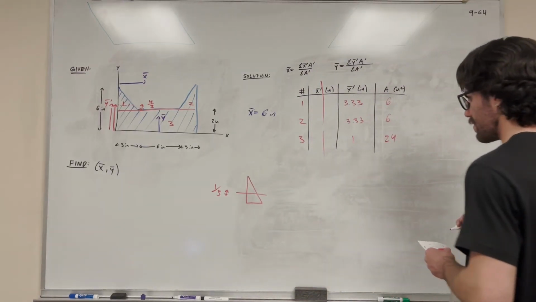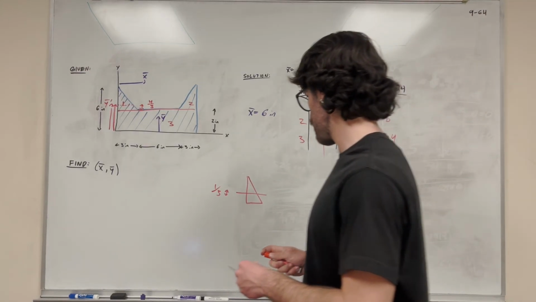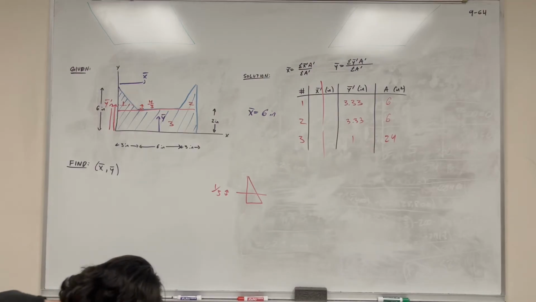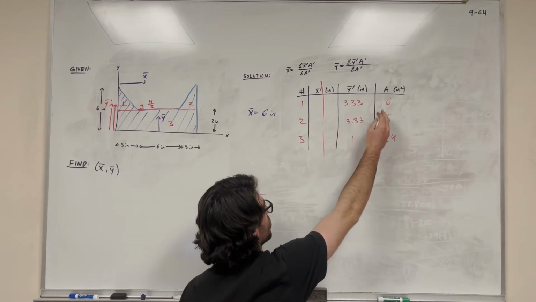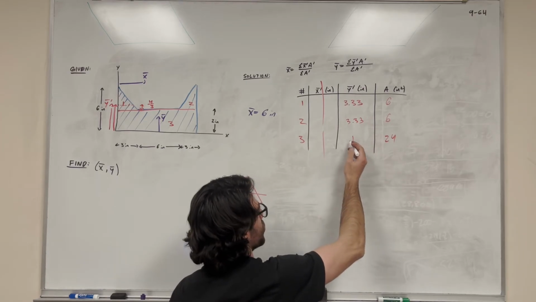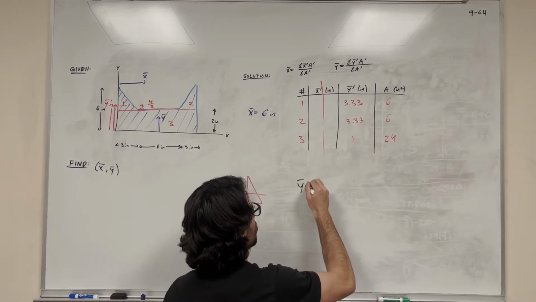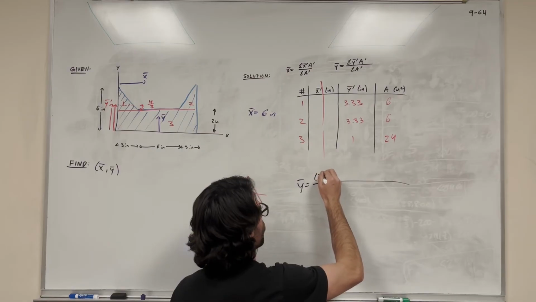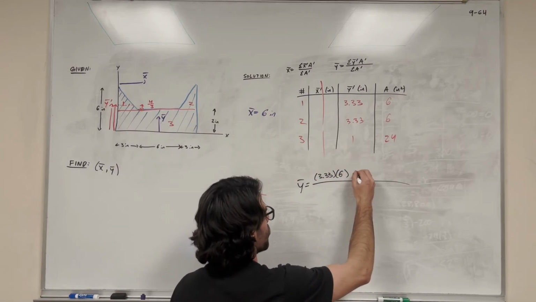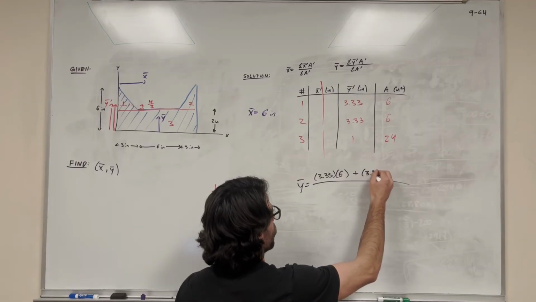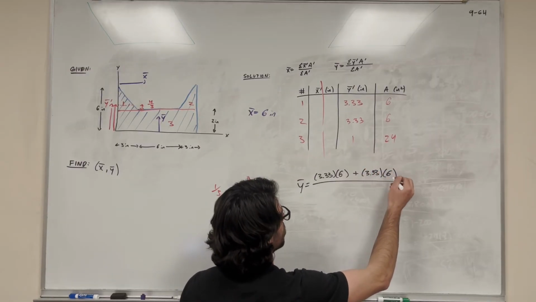So now it's time to do the math on this. I'm simply going to plug it into that equation that I wrote up there. We're going to multiply this by this, then add it to this times this, plus this times this. So we take 3.33, multiply it by 6. We add to that the next one, which is 3.33 multiplied by 6.